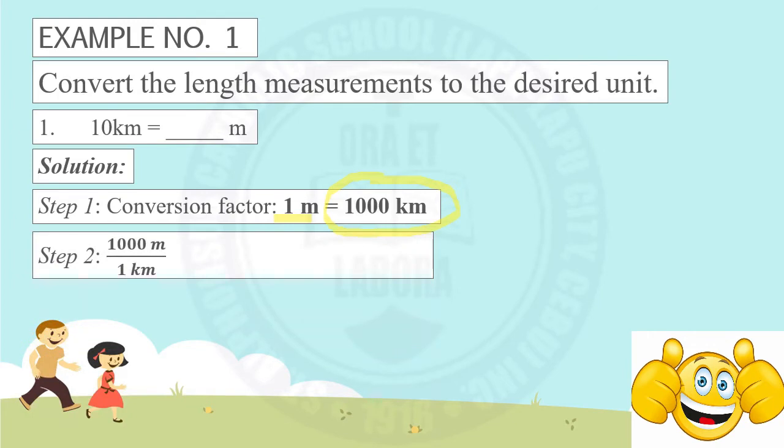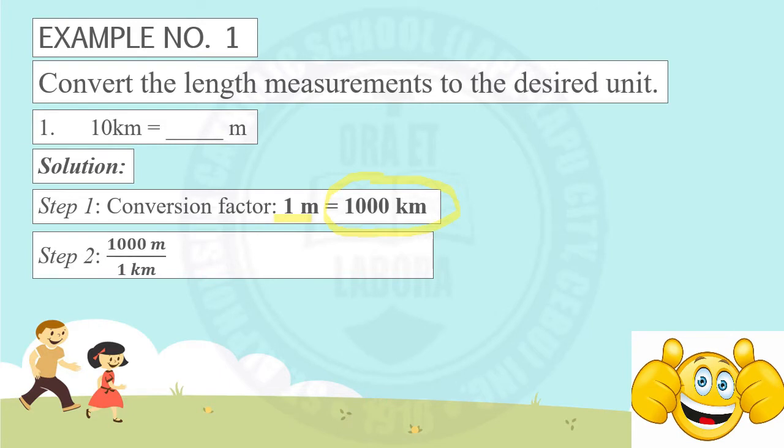Step 2. 1,000 meters over 1 kilometer. Because 10 kilometers is our given and we are looking for the meter.